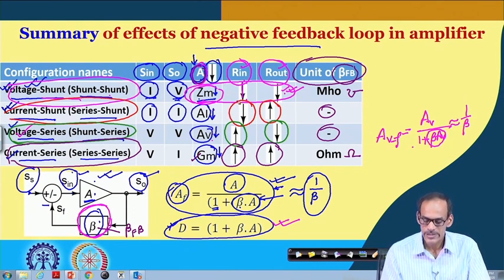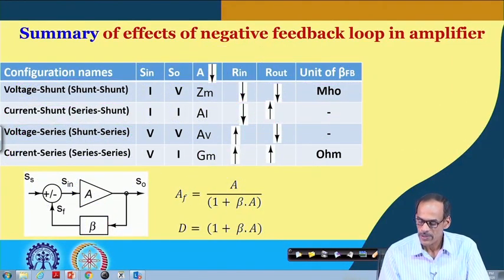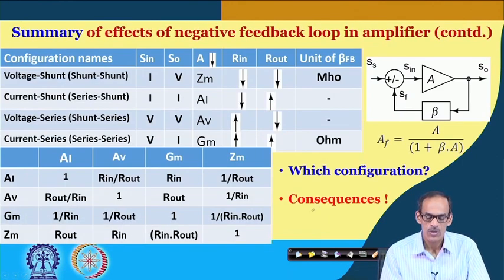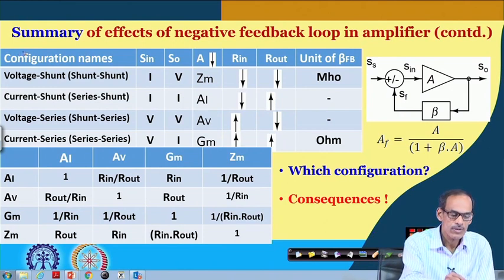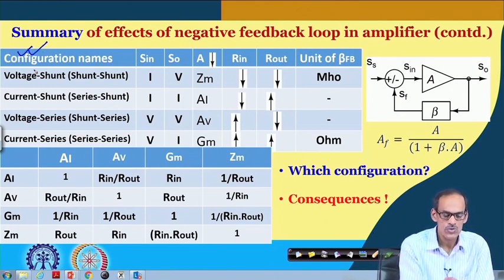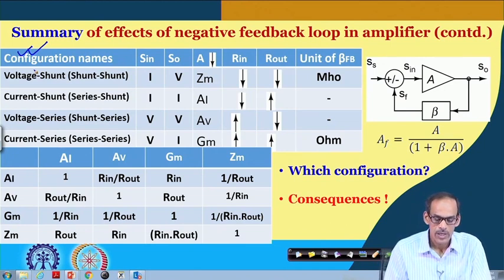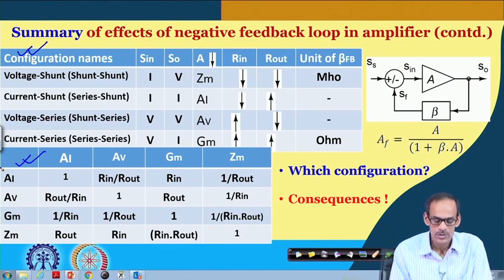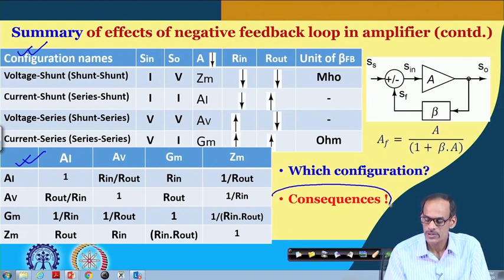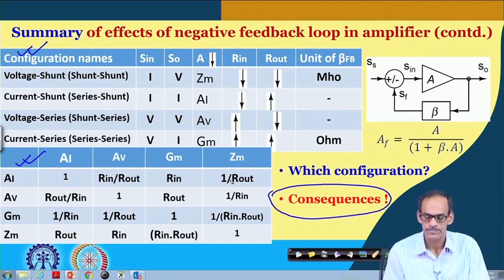So, in the next slide we are also having one important table along with this table, which tells us what may be the corresponding consequences on the other parameters. So, here we do have the same table, which will be helping us to decide the basic configuration, and then we do have the other table here, which will be helping us to understand what may be the consequences on the other parameters.